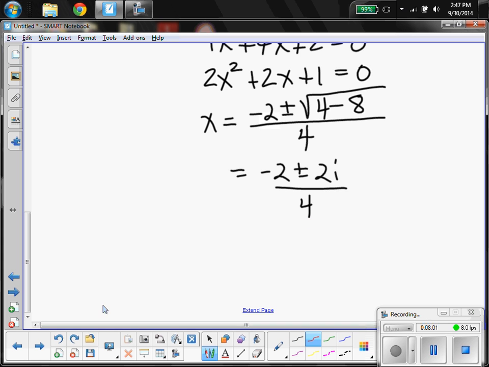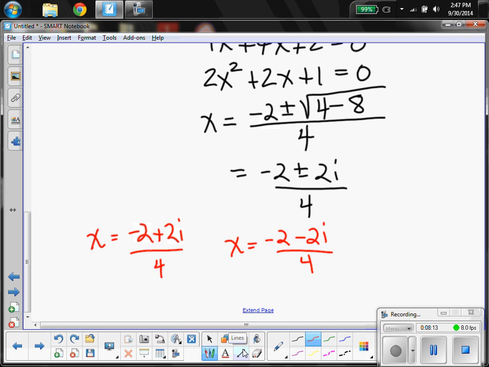So the third 0 is negative 2 plus 2i over 4. The fourth 0 is negative 2 minus 2i over 4. Both of those are imaginary zeros, so therefore these are not places where our curve will cross the x-axis, because our x-axis is only marked off with real numbers.